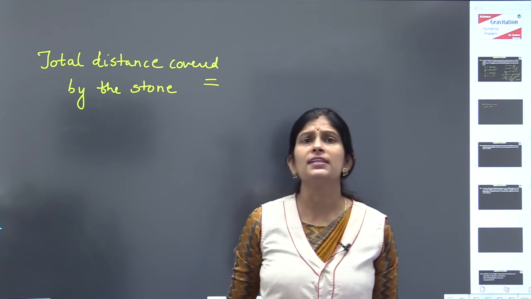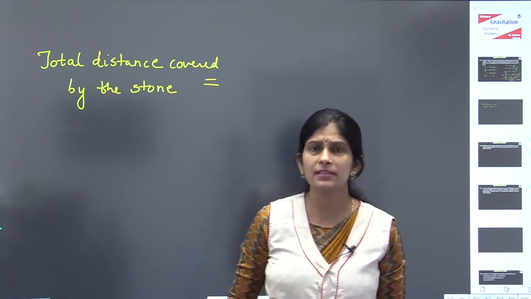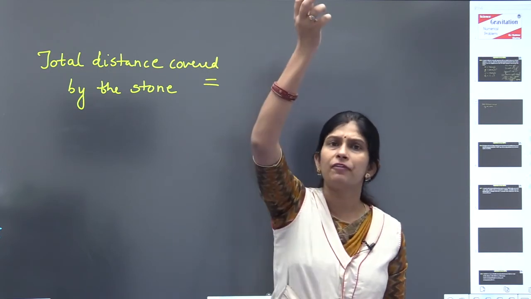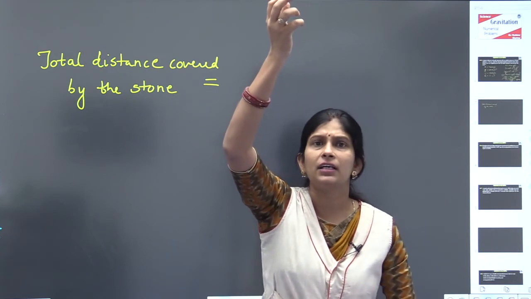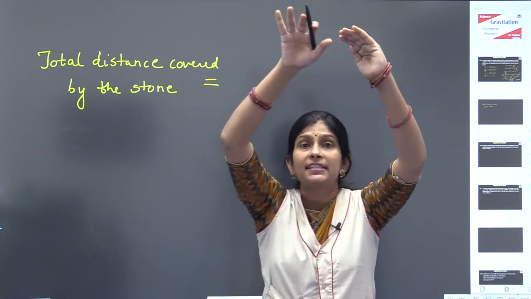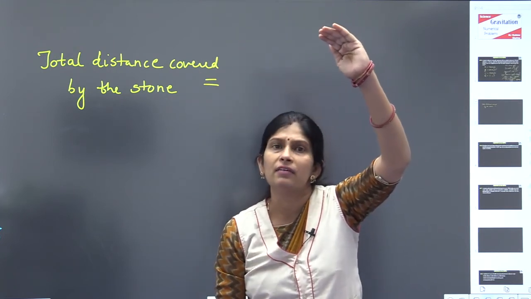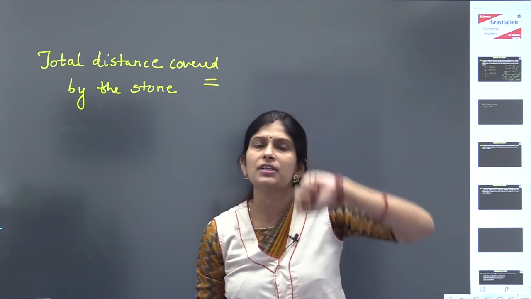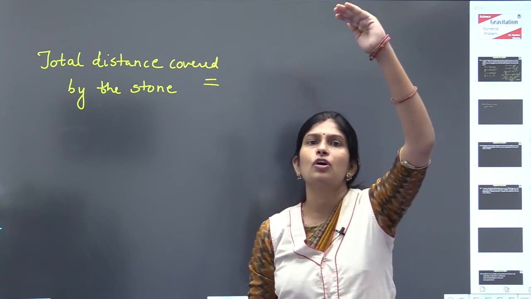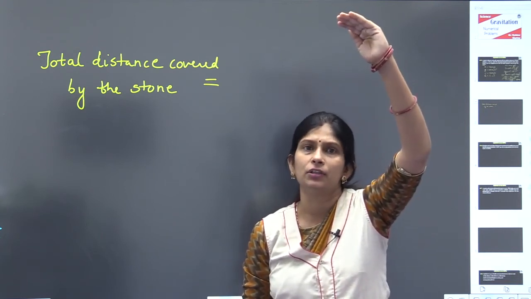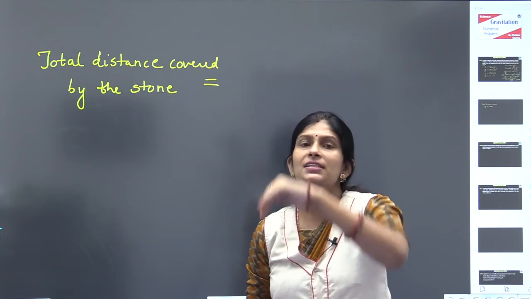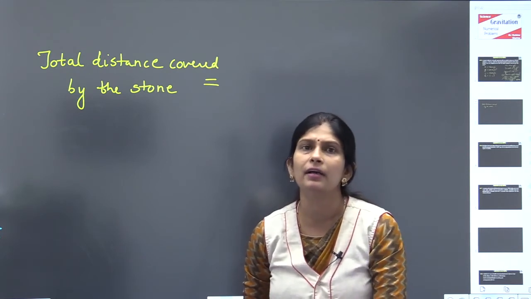Now what is the total distance covered by the stone? It means firstly the stone is thrown in a vertically upward direction. So it is obvious that it covers distance or height in the upward direction, then the same distance or height it covers in the downward direction. And just now I have calculated that the stone covers a height of 80 meter in the upward direction. So when it comes back to the earth's surface, it covers the same distance of 80 meter in the downward direction.